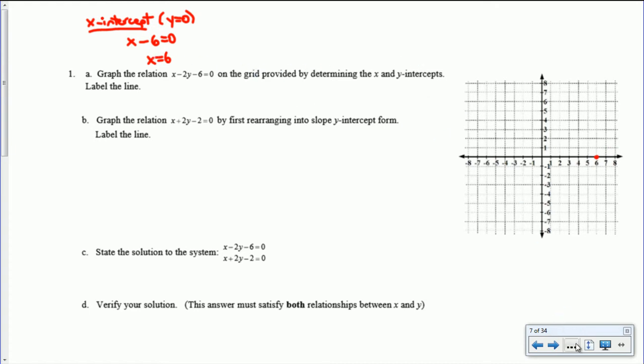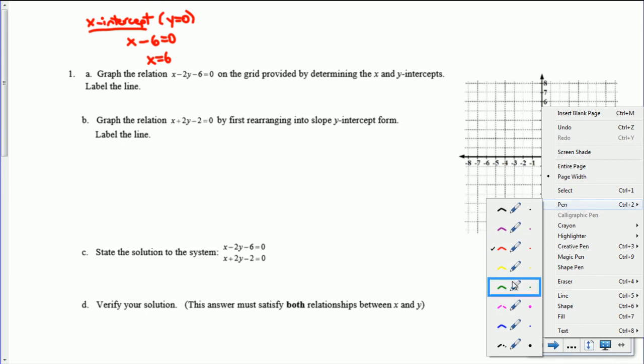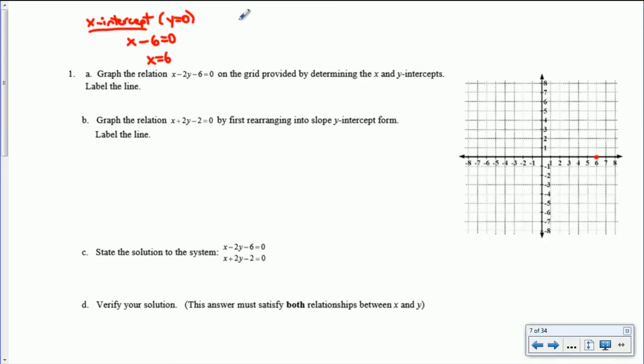That's where that one happens. And the y-intercept we need as well. So that one, y-intercept, happens when x equals 0. So I put 0 in there. So then I'd have negative 2y minus 6 equals 0. I'll maybe bring this to the right, so I'll have negative 6 equals 2y. Divide both sides by 2, gives me y equals negative 3.